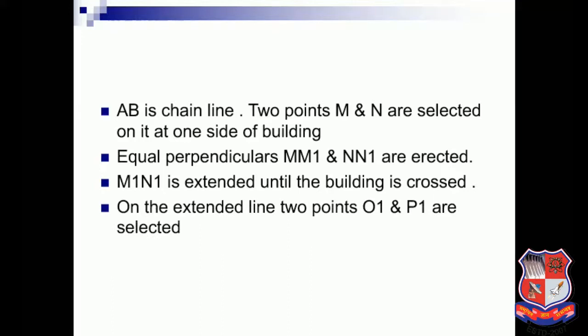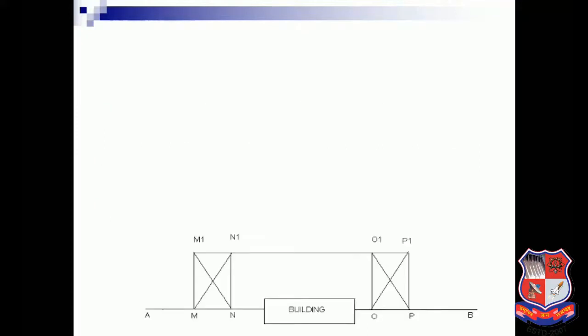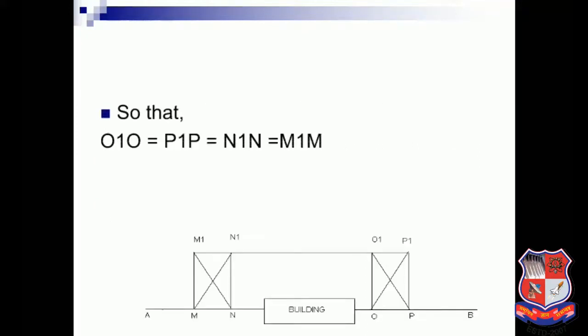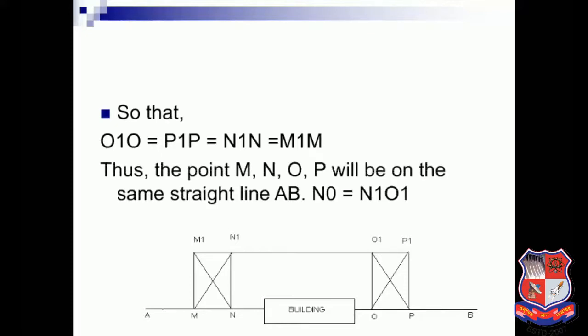Then on the extended line 2 points O1 and P1 are selected, so that O1O is equal to P1P is equal to M1M is equal to N1N. Then the points M, N, O and P will be on the same straight line AB, and OP is equal to N1O1.